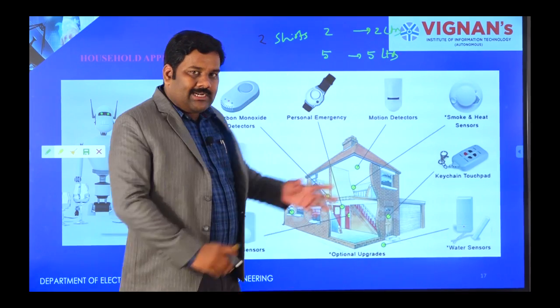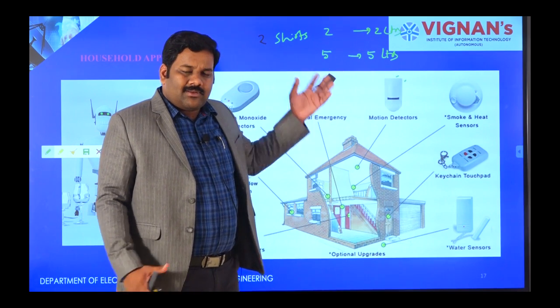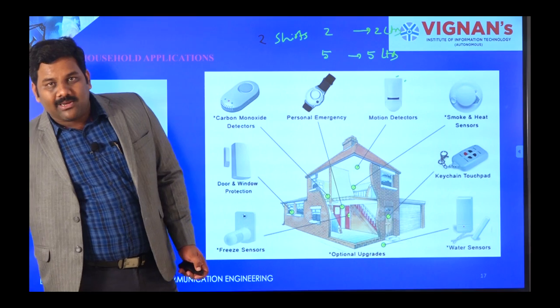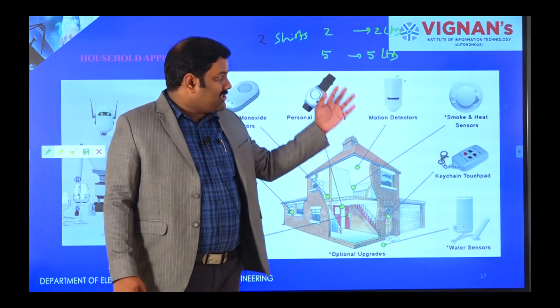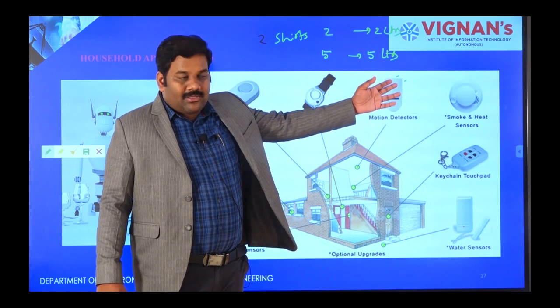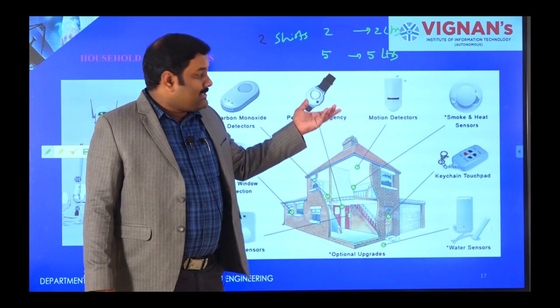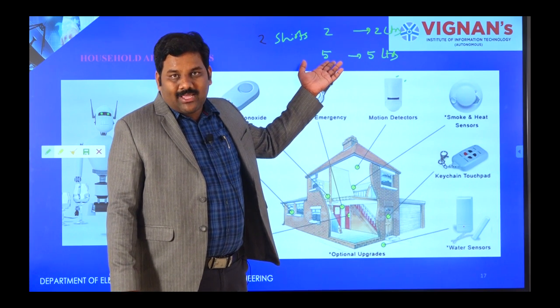But am I manually deciding that 5 liters of water is sufficient? I am not giving any manual information to my washing machine that I am giving 5 shirts and it needs to take 5 liters of water. The sensor will take care of that, depending on how many clothes you have.